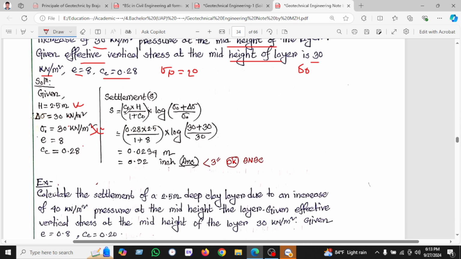So that's why we will use this formula: CC into H over 1 plus E naught, times log of sigma naught plus delta sigma divided by sigma naught. In this way we found 0.992 inch, which is required by the code ACI 318. The settlement must be 75 millimeter or 3 inches. So we can say the settlement is okay.